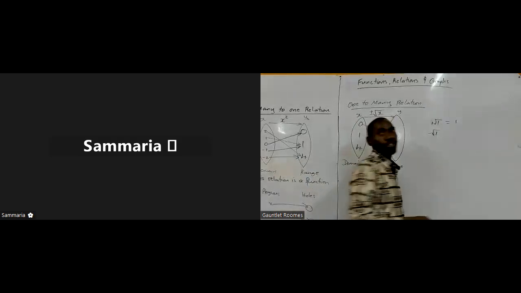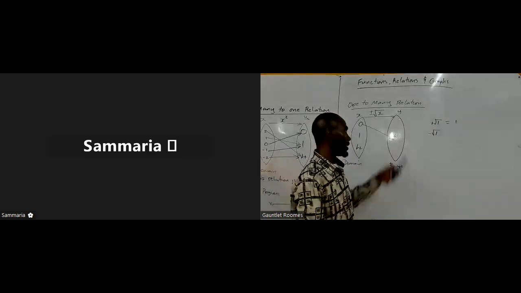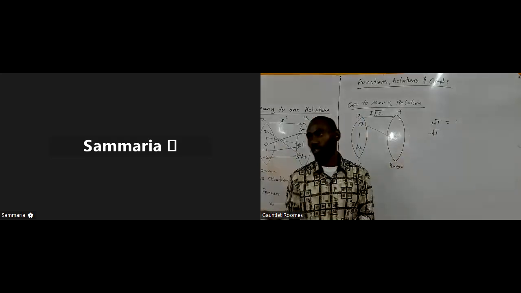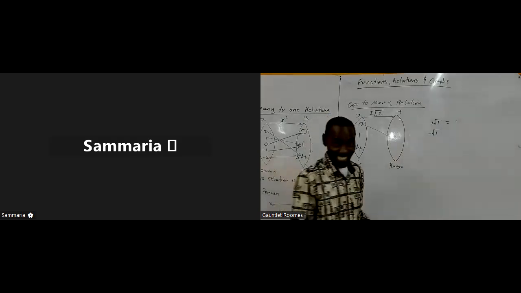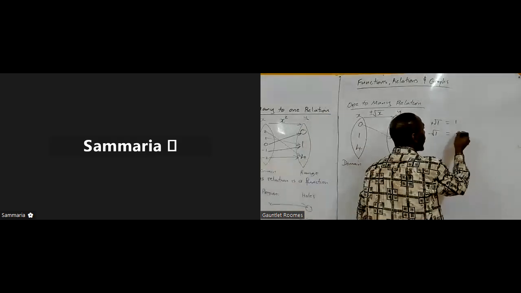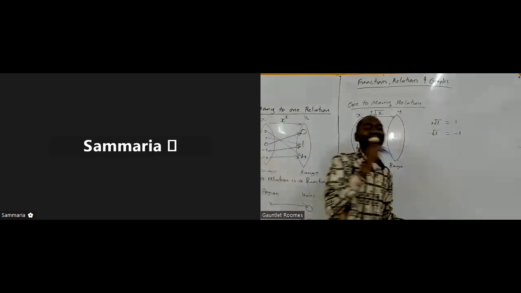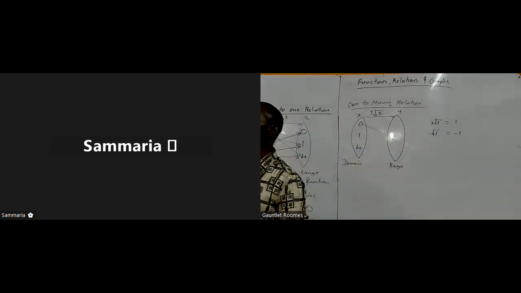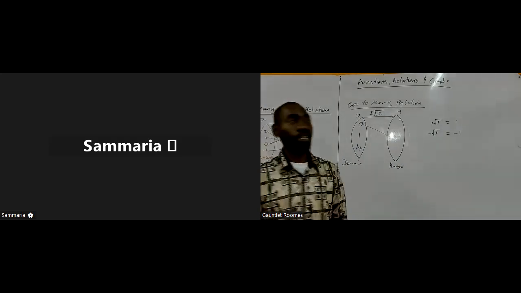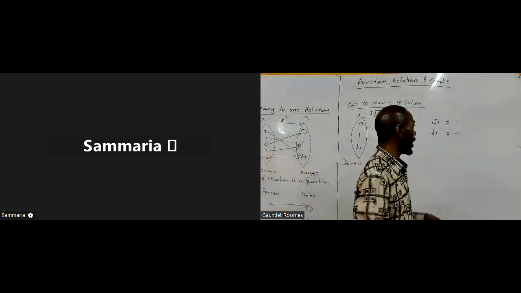A positive 1. When you take the negative square root of 1, what are you going to get? Negative 1. So in general, whenever you take the negative square root of any number, the result will always be negative. Whenever you take the positive square root of a positive number, the result will always be positive.